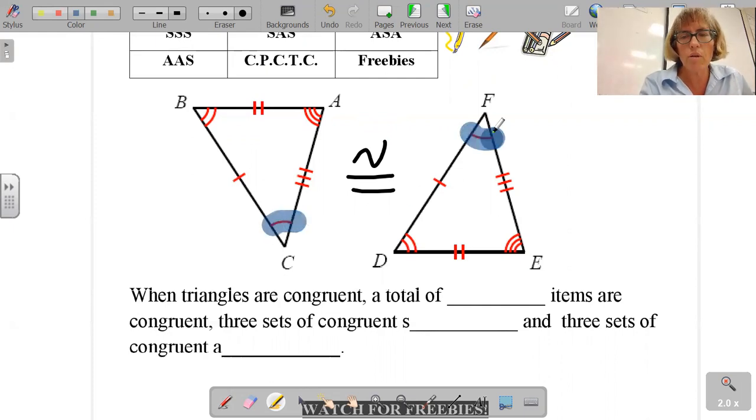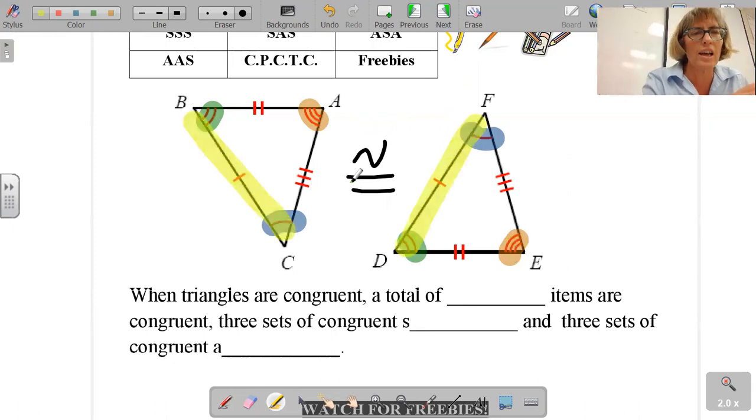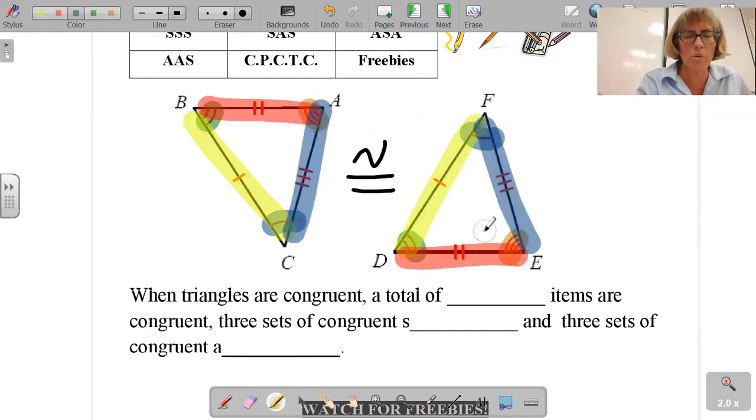You have 3 pairs of angles, and you have 3 pairs of sides matching. Just kind of trace along with me, kind of see what we're doing.